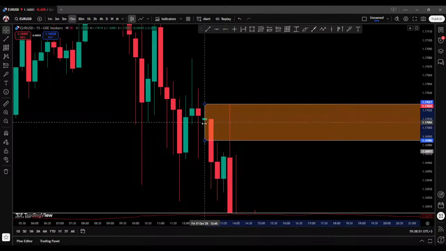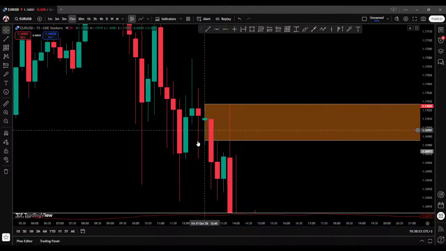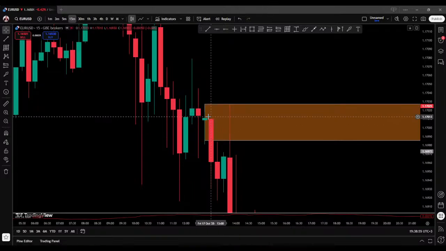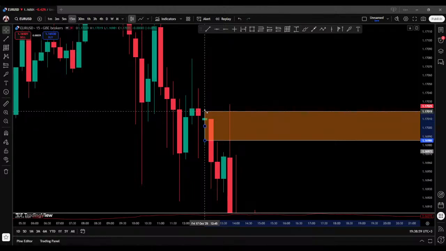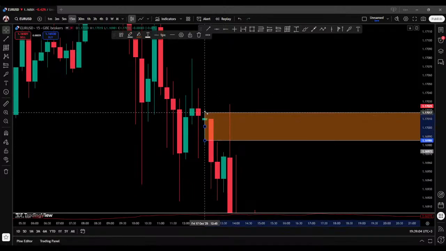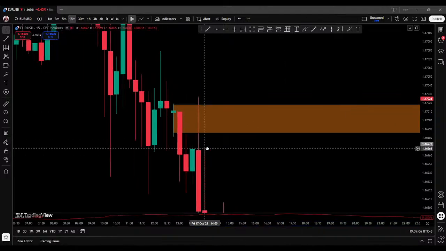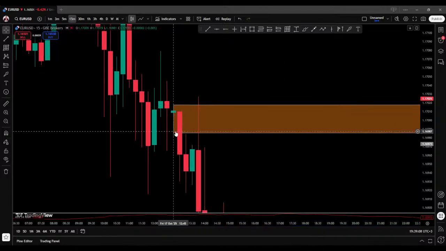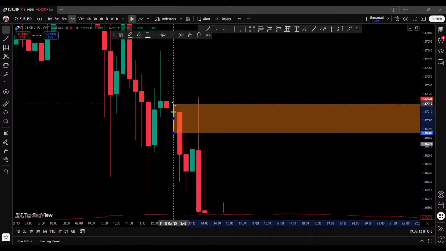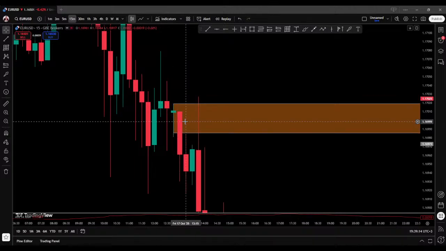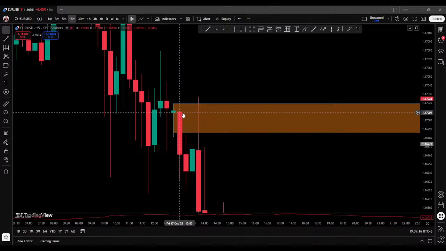My God. Can you see there is like another block here? I told you, these things are crazy. And now what you're supposed to do is that when looking for an order block like this, you need to refine this to the body.